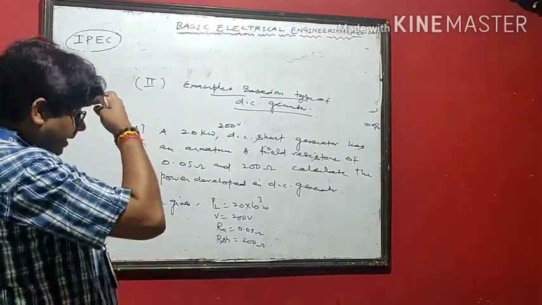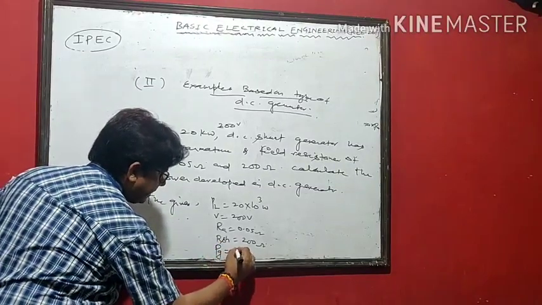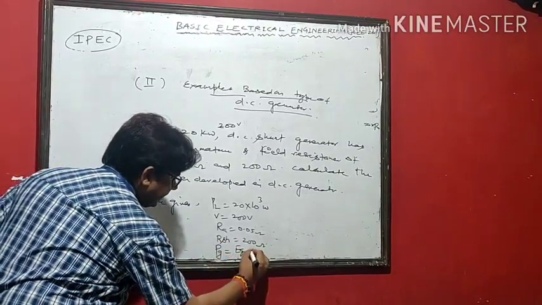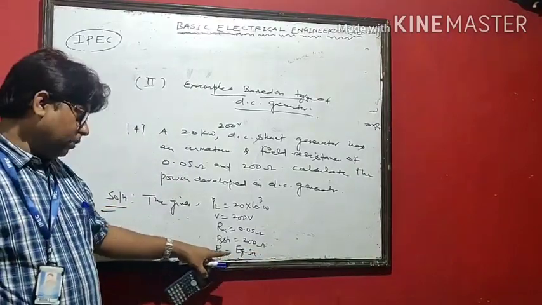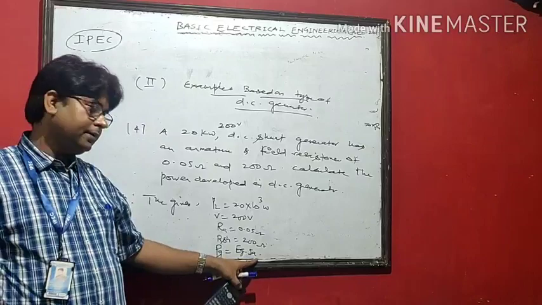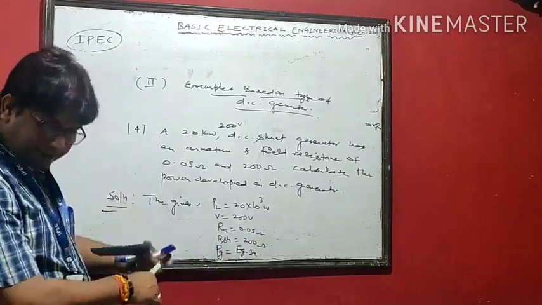What is the value of PG, the power developed? We know that PG equals EG into IA. First, roughly draw the diagram.